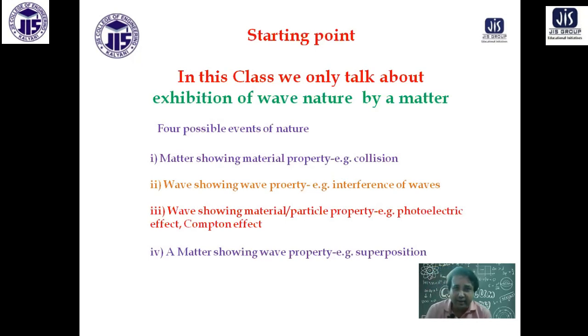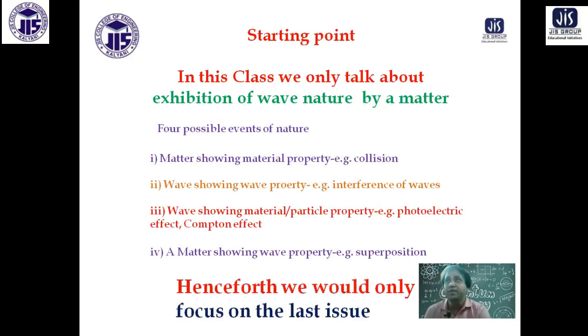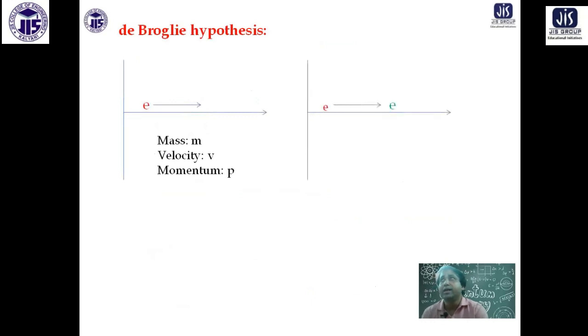And wavy nature of matter is not a dream. It has been realized through the Davisson-Germer experiment. Electron was showing interference. Today you know that when I talk about the wave nature of electron, it's usually a matter with some mass, some velocity, some momentum, it moves maybe. If it is moving and colliding with another electron, that is not the purpose of this class.